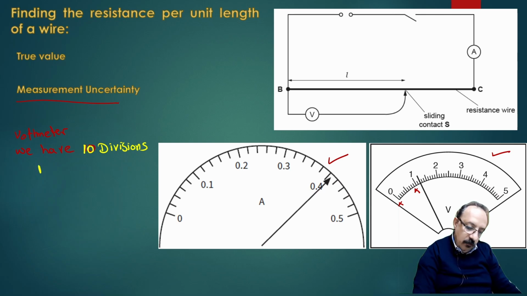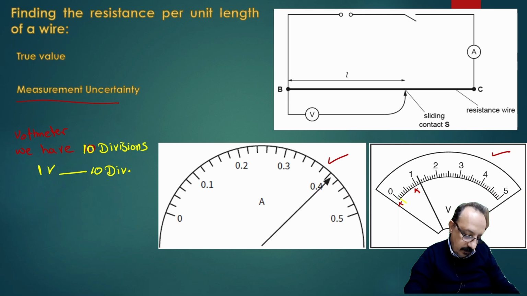Okay, 1 volt is 10 divisions. So what is the smallest scale or value that can be measured with this voltmeter?